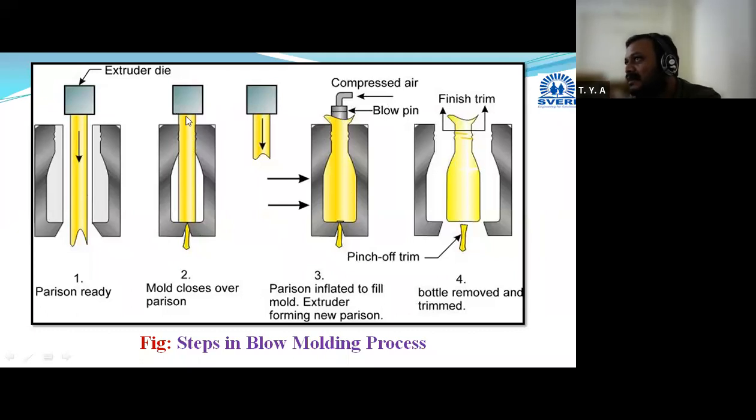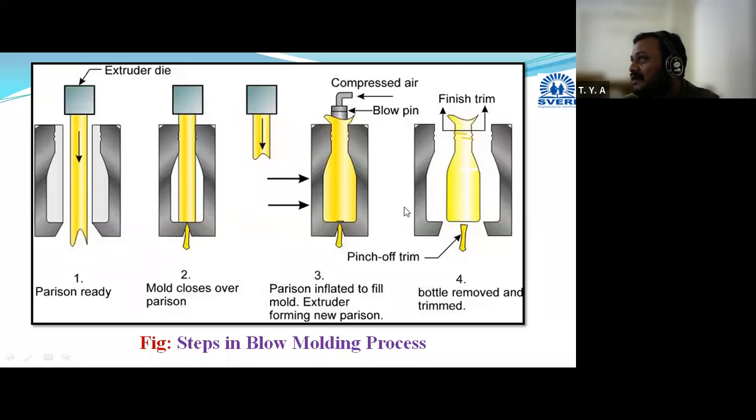Then air will enter through this opening and it will press this material against the mold cavity. Whichever walls are there, these are the walls of the mold cavity, all material will be pressed against them due to that air, and it will acquire the shape of that mold cavity.